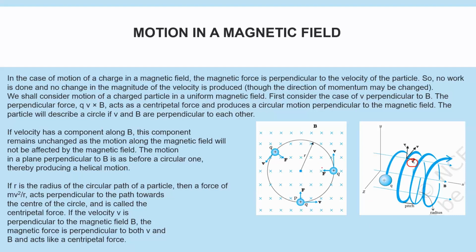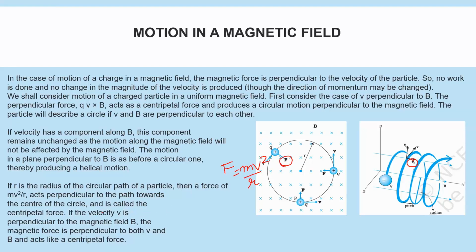The force acting on the particle can be given as mv square by r. It acts perpendicular to the path and is directed towards the center of the circle, so this would be a centripetal force.